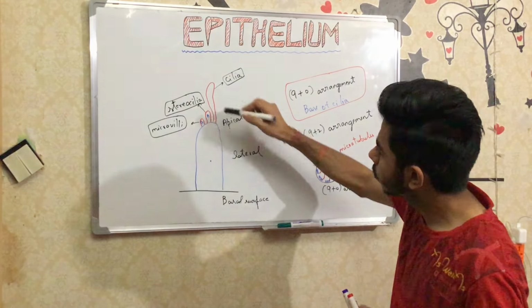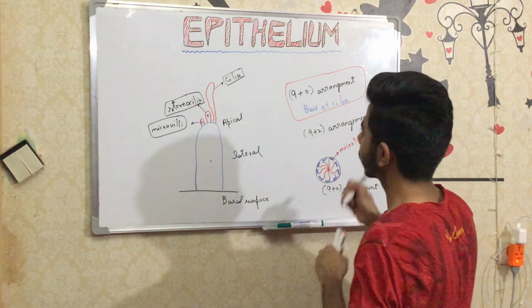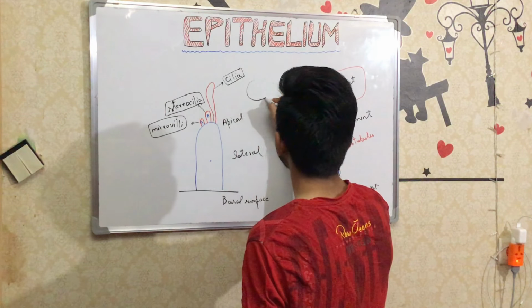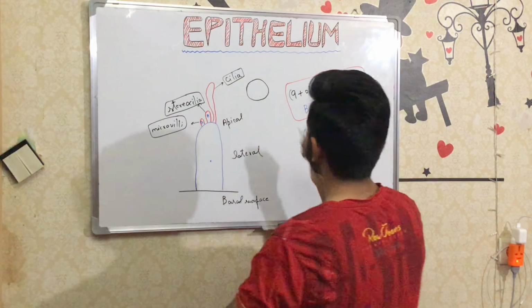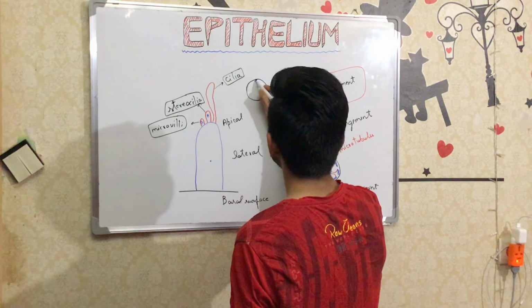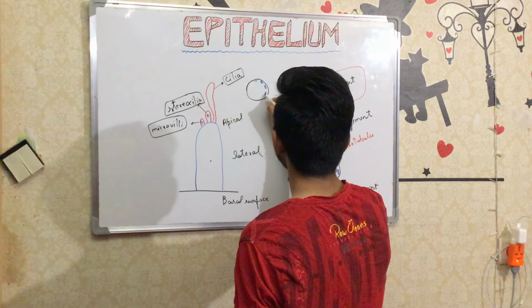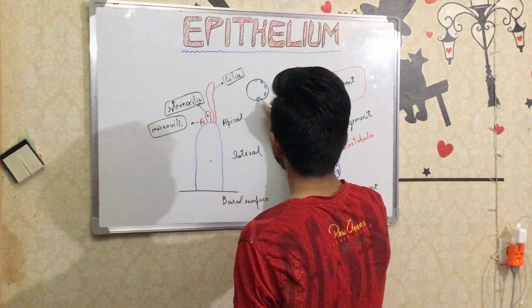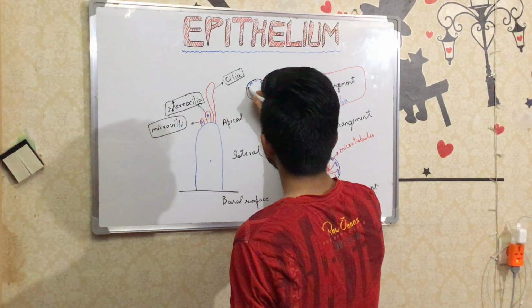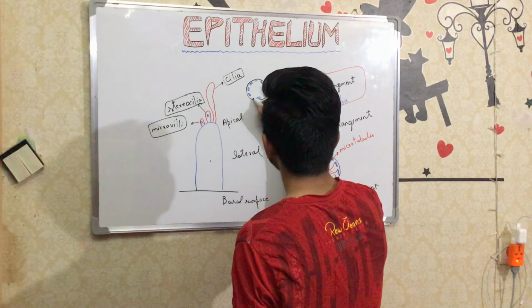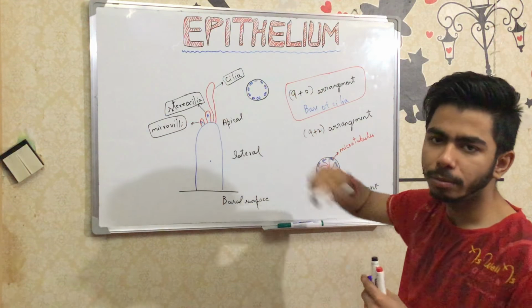Now if I talk about this portion over here, the 9 plus 2 arrangement. They are making doublets, and they are also present in number of 9.